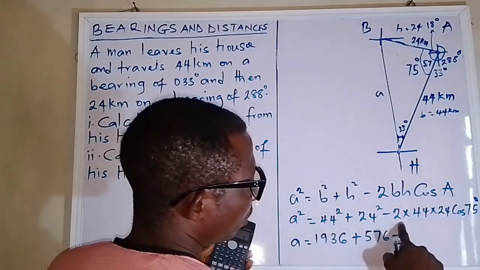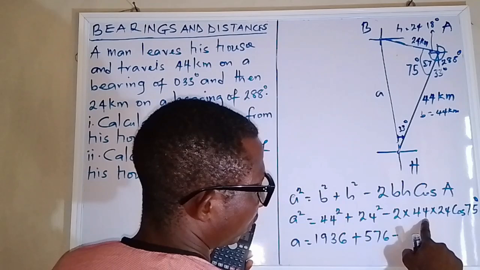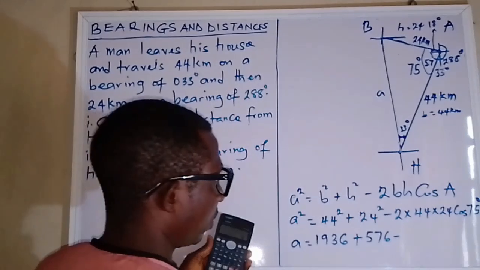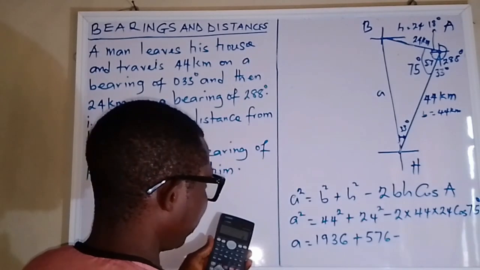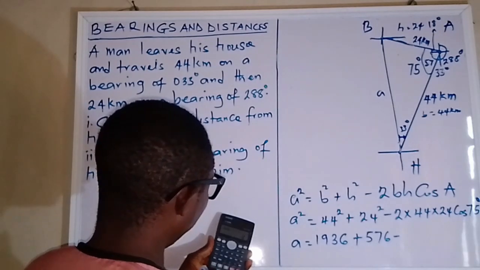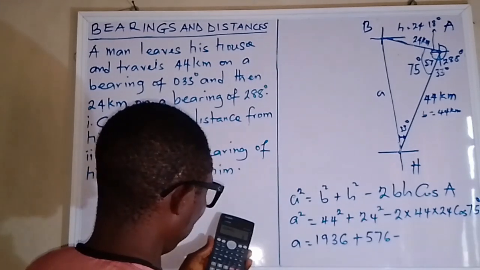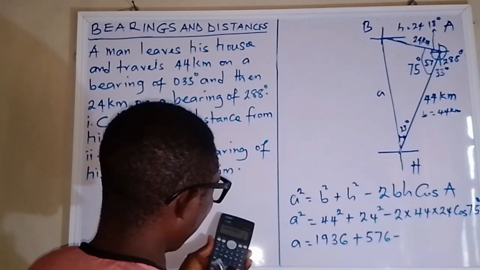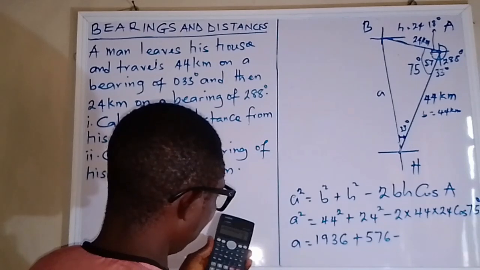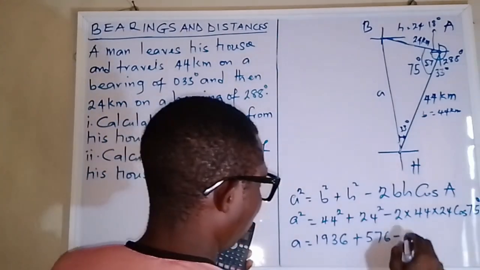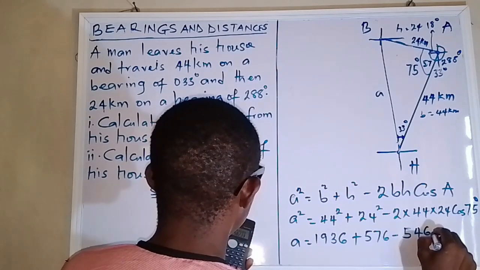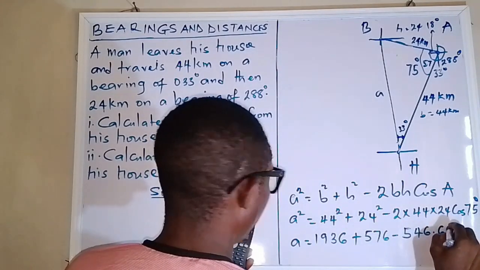So let's multiply 2 by 44 by 24 by cos 75. So we have 2 times 44 times 24 times cos 75. Okay, so we have 546.63.